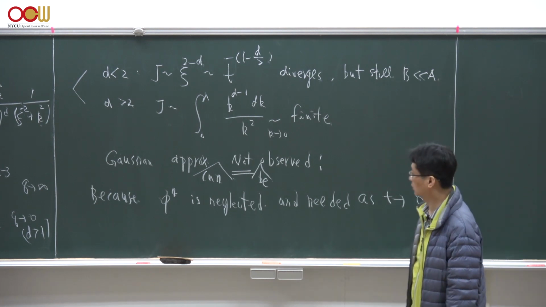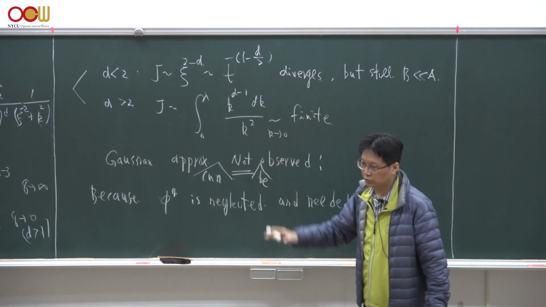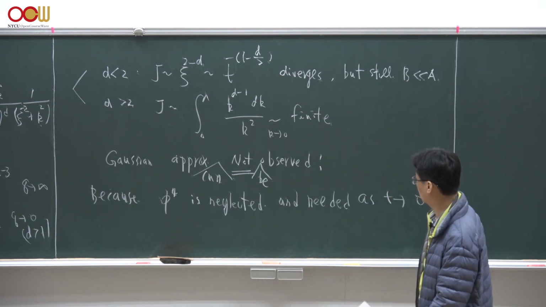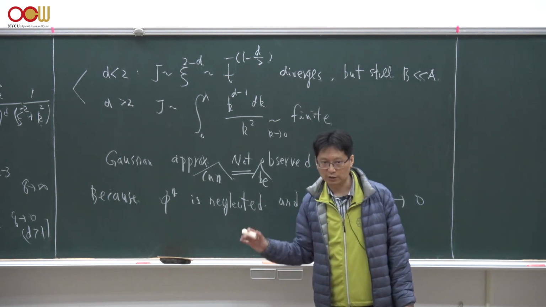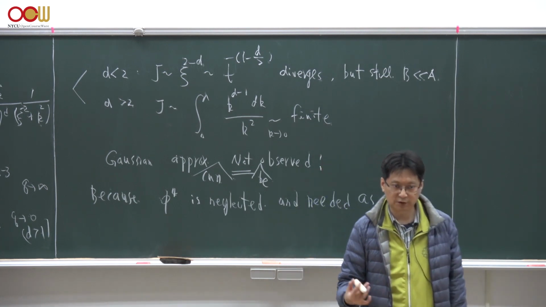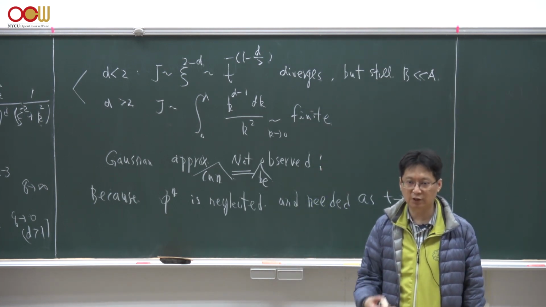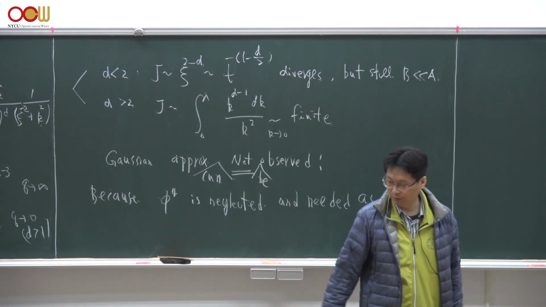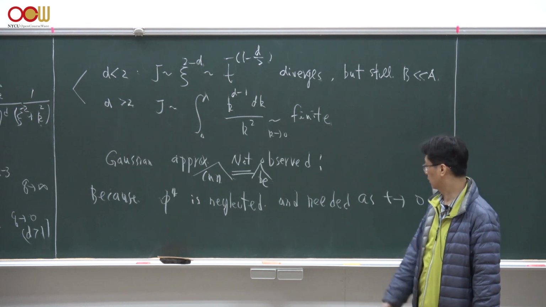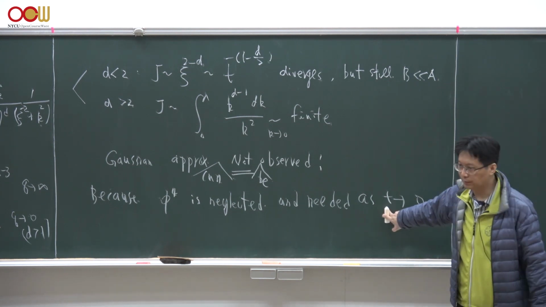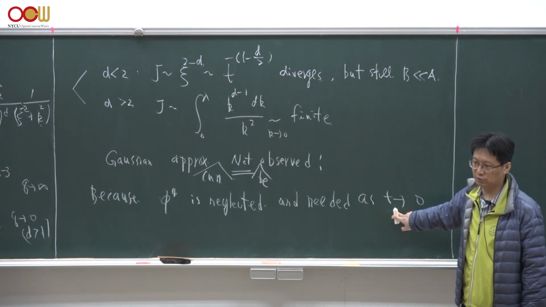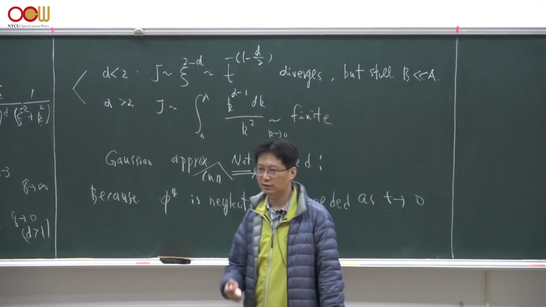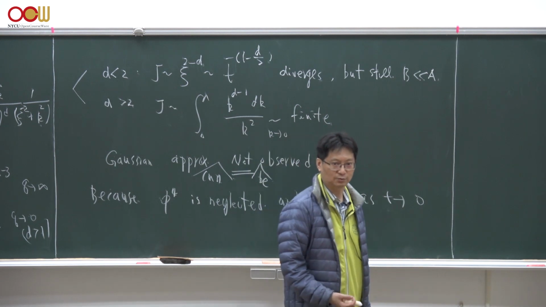So the final remark is that we just derived the Gaussian approximation and derived the exponents within the Gaussian theory, but the question is whether we can observe such critical exponents in real experiments. And the answer is no. Why? For a simple reason we explained earlier: as the temperature approaches Tc, or little t goes to 0, we inevitably cannot avoid going beyond this Gaussian approximation regime.